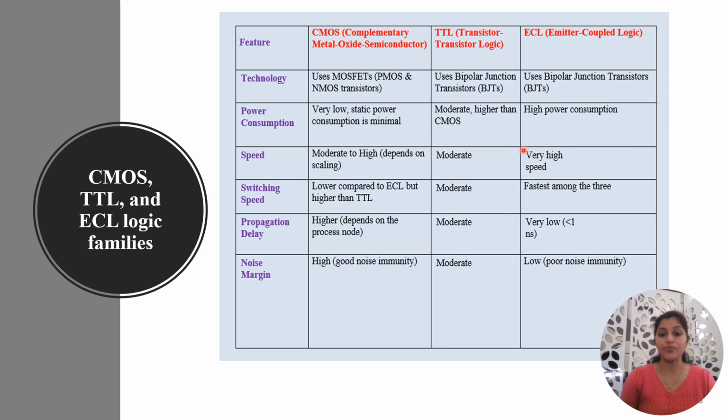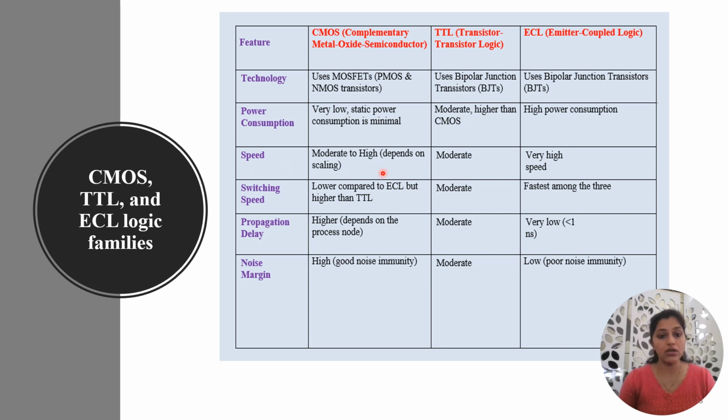Power consumption is high in ECL because transistors are always in the active region, so some amount of current is continuously flowing through them. Whereas in case of TTL, when they are in the cutoff region, no current flows through them, so power consumption is moderate here. But in ECL power consumption is high because transistors are continuously on. They are in the active region.